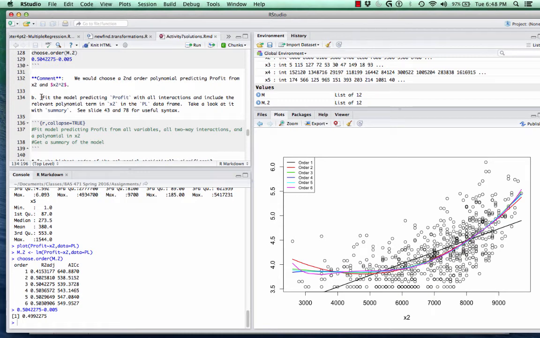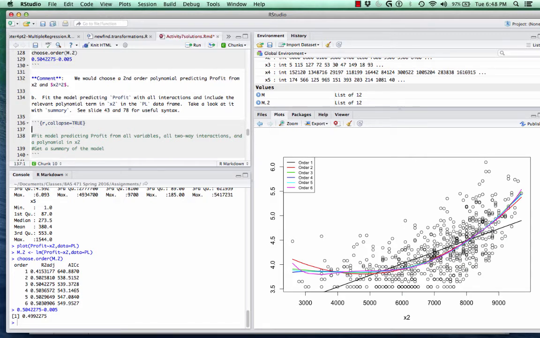All right, so let's go ahead and fit the model predicting profit with all the interactions and include the relevant polynomial term. This is actually a kind of an exercise in model specification. We know that we can predict profit from all predictors and the two-way interactions with the twiddle.squared shortcut.